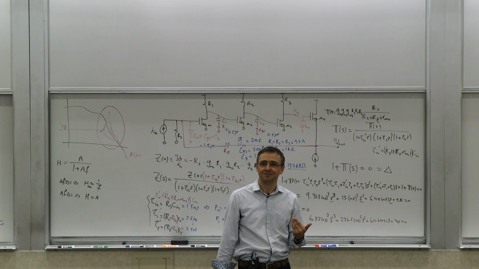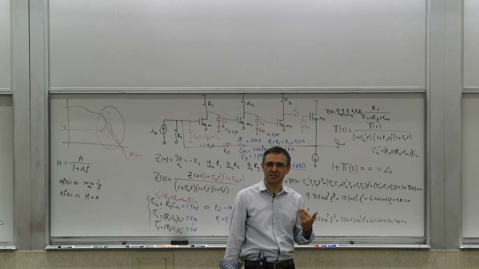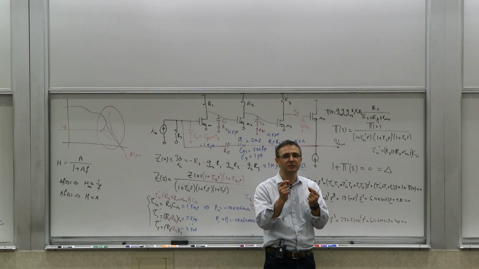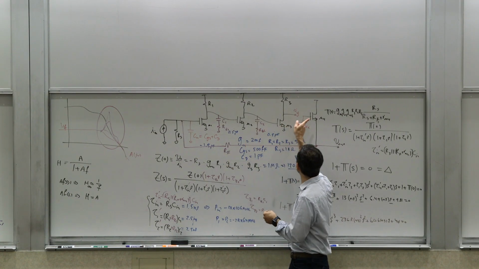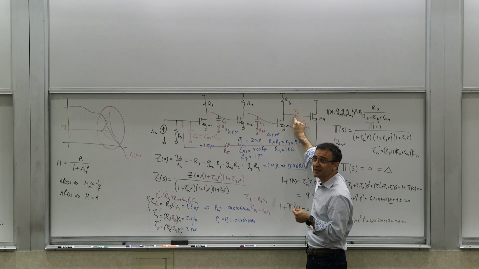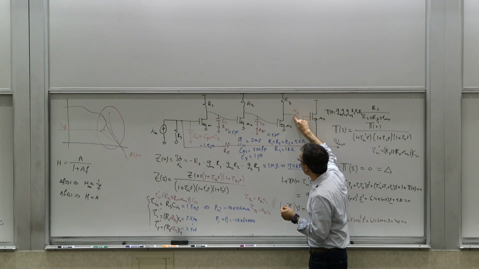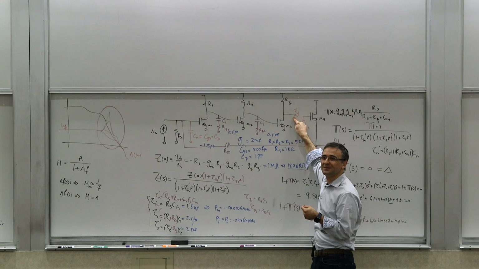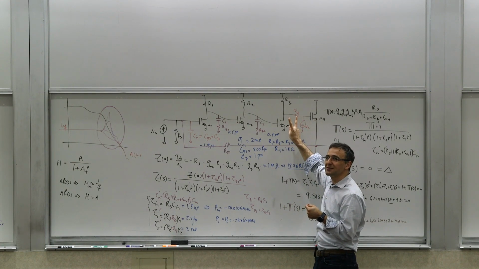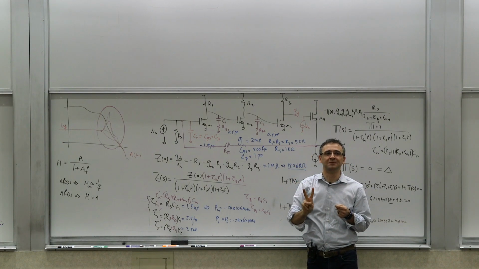It is stable. This system is stable, despite the fact that there are 2 frequencies at which you can put a sinusoid in that would come back exactly in phase and larger. There are 2 frequencies at which this happens, but this system is stable.